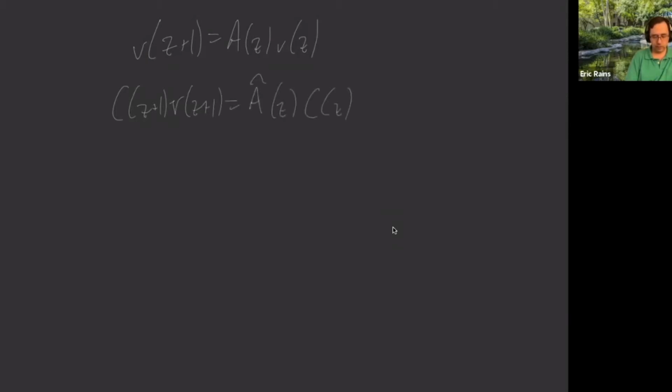Now that, as stated, is not an algebraic condition, but we can turn it into something algebraic. Let's just talk about the ordinary difference case to begin with. What this is saying is that there's this rational matrix, C, say, such that multiplying our solution by C gives a solution of the new equation. So C(z+1)V(z+1) is Â, where Â is the new equation, times C(z)V(z). And so we can move C(z+1) to the other side.